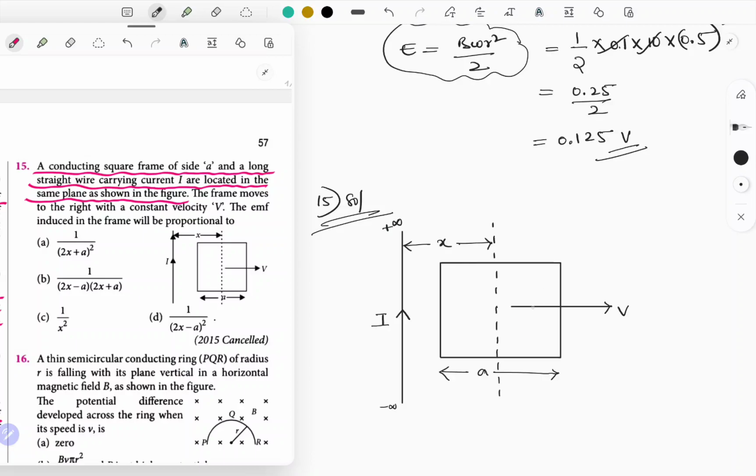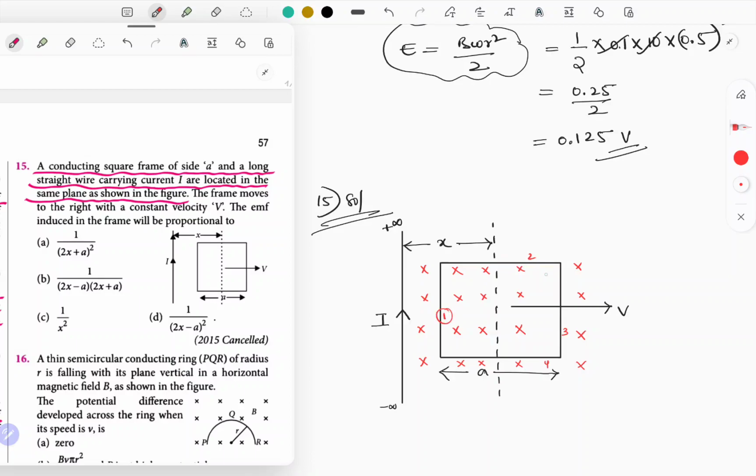As this coil is to the right side of this current direction, the direction of magnetic field will be into the board like this. And as you are moving away from the conductor, magnetic field decreases. Just check it out. I'm naming the different loops here: 1, 2, 3, 4.